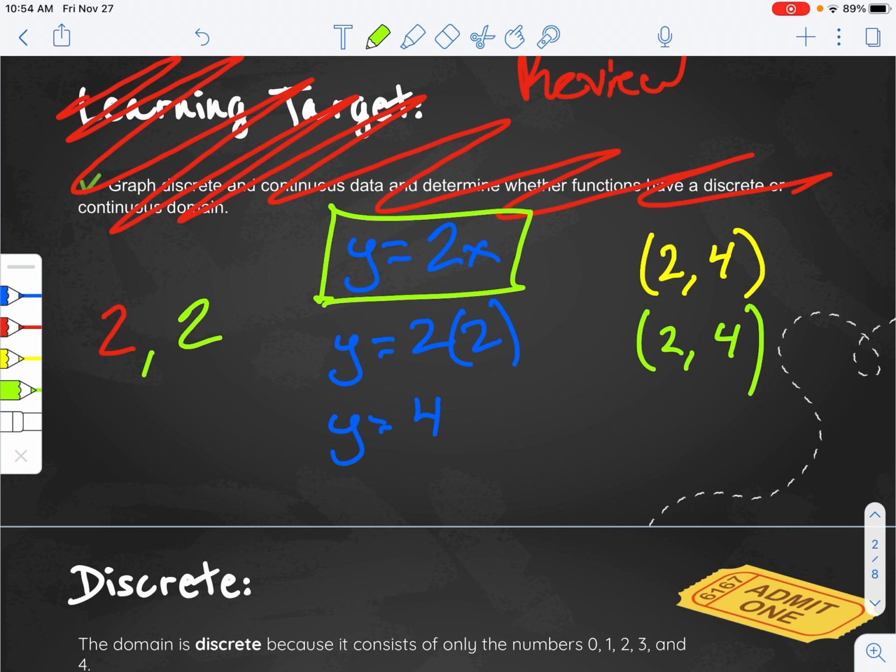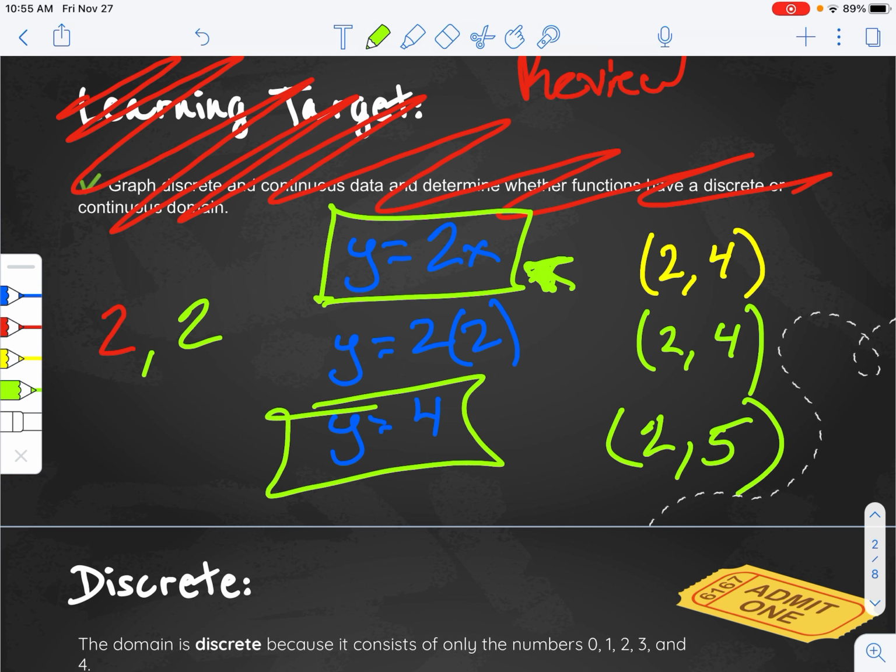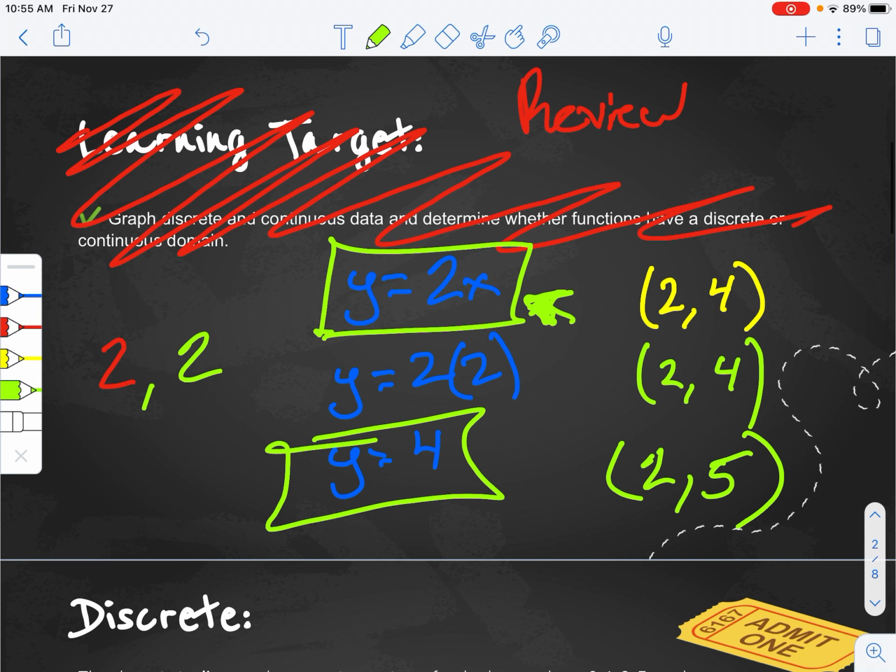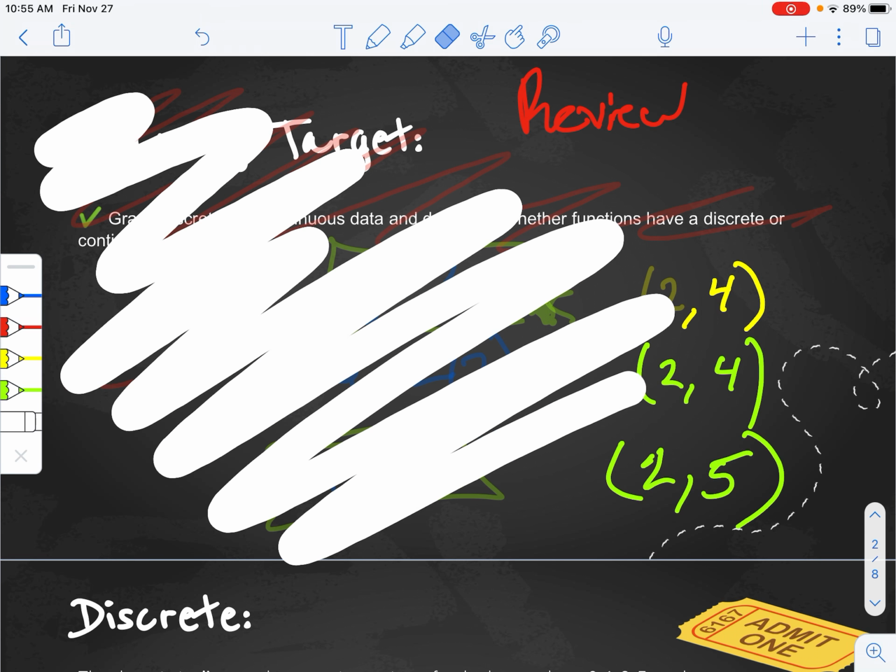If we were to put 2 into some type of function, or we have a graph that has 2 on it twice, and one time it had (2, 4) and the other time it had (2, 5), then that wouldn't make sense, because we can see from our function that there's only one output that we can get when we put 2 in. So when those x values repeat, that shows us that we are not dealing with a function.